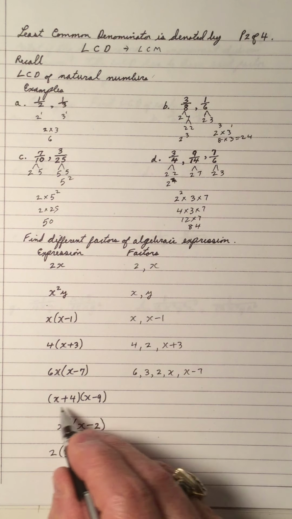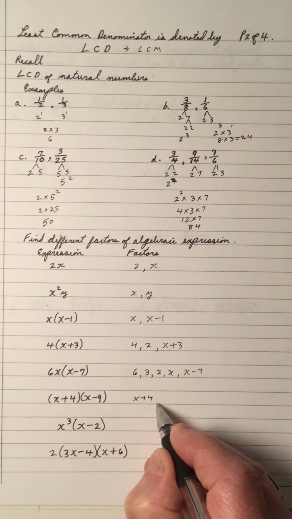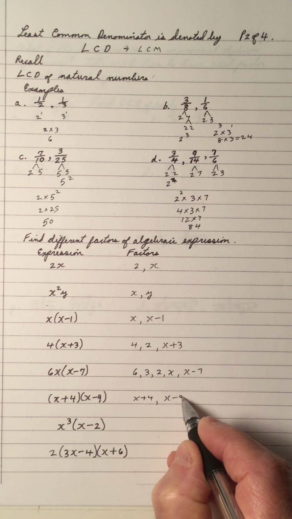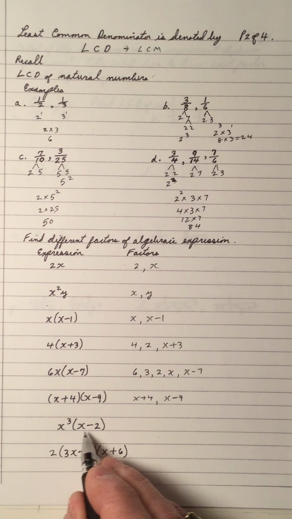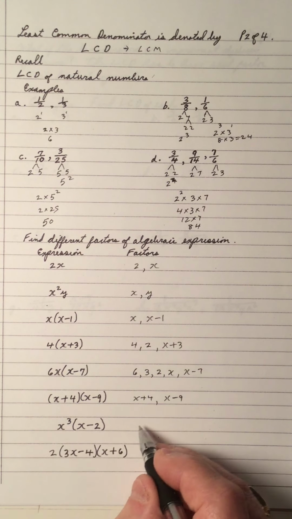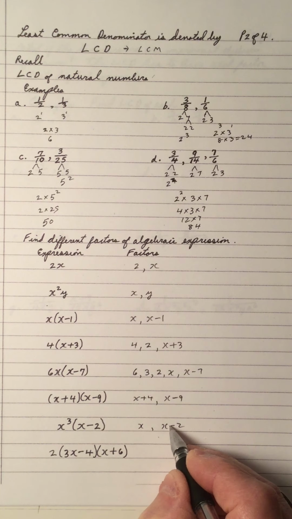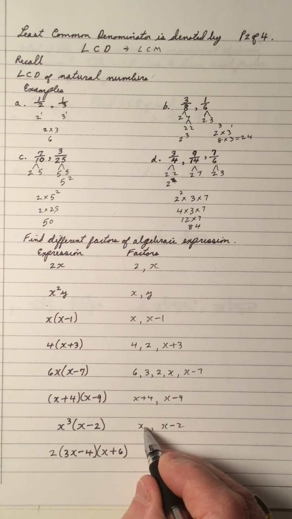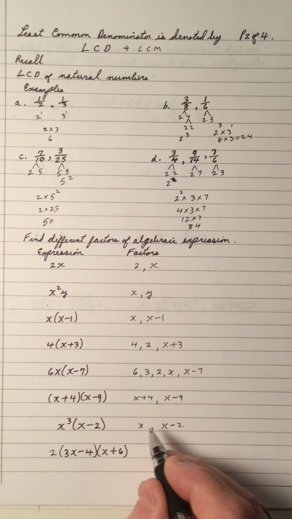And right here we have two binomials. One factor is x plus 4, and the other factor is x minus 9. And here we have x cubed times x minus 2. So one of the factors is x, and the other factor is x minus 2. Even though it's a cube there, a factor is x.